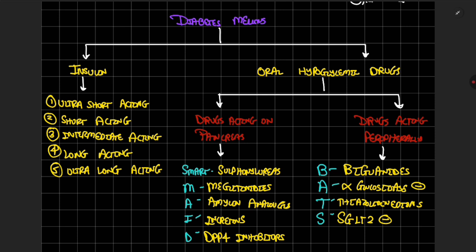Under drugs acting on peripheral organs, we have the mnemonic BATs: biguanides, alpha glucosidase inhibitors, thiazolidinediones, then SGLT2 inhibitors. Now for this video we are only concerned with the insulin. The rest of the oral hypoglycemic drugs will be covered earlier.